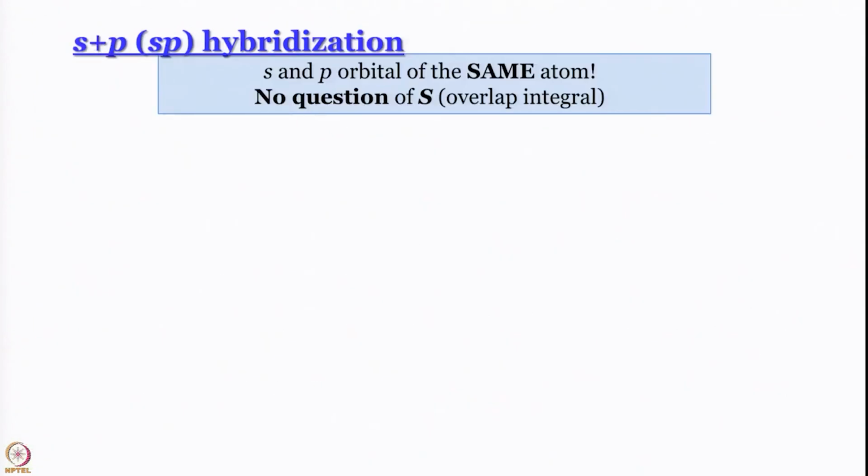Now, let us start talking about the first kind of equivalent hybridization that we want to discuss, and that is sp hybridization. Okay, how do I decide whether I want sp or sp2 or sp3? Rule of thumb, the number of hybrid orbitals is equal to the number of participating atomic orbitals.